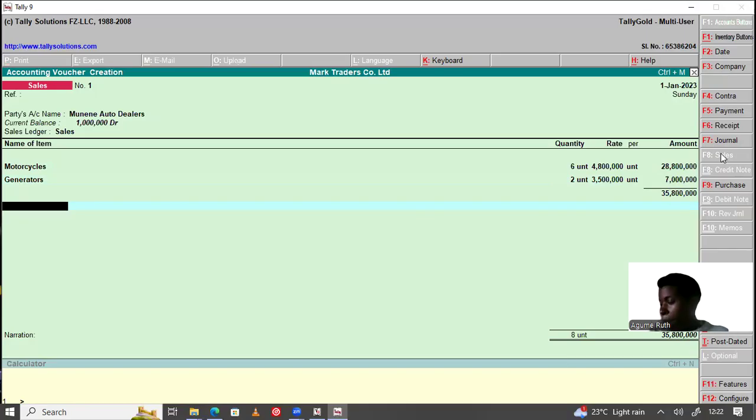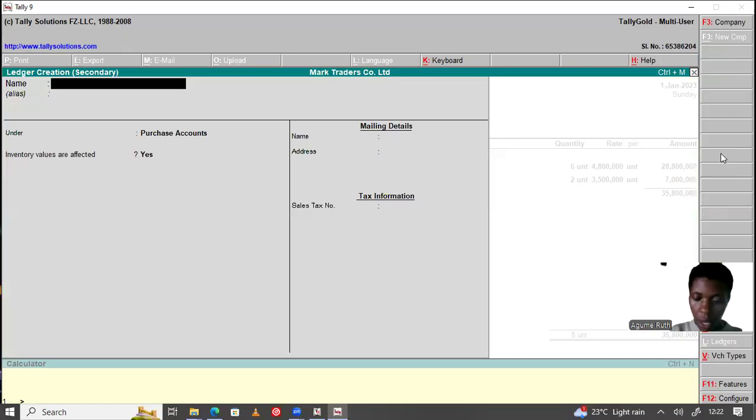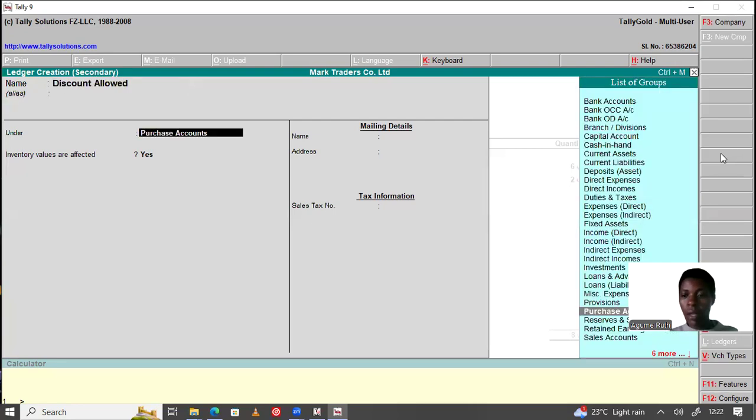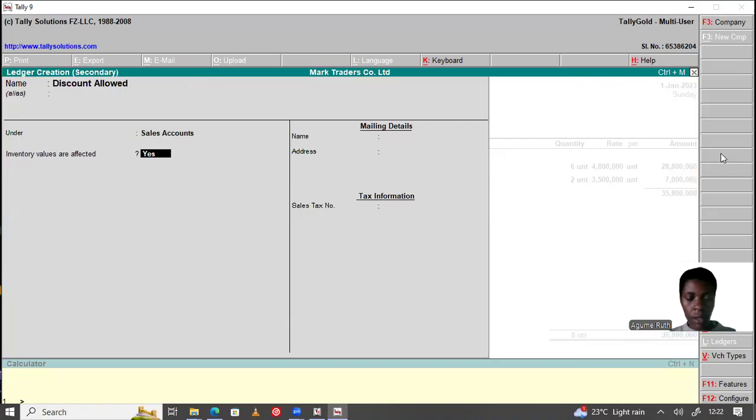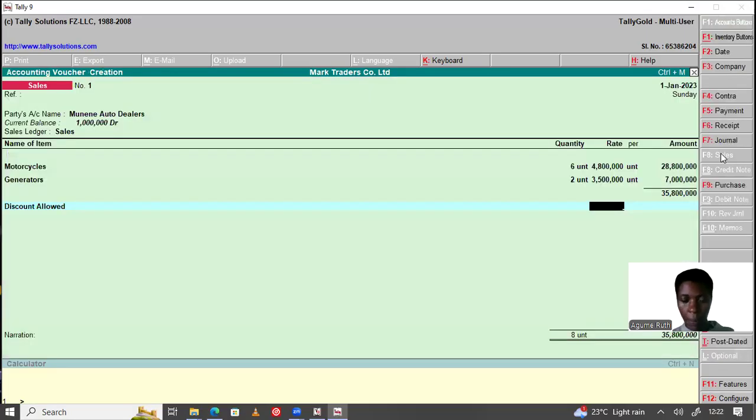Then here, discount. I'm going to use secondary creation and create discount allowed. So it will be under sales. It is affected, inventory values are affected, and I say -2 because it is 2%.